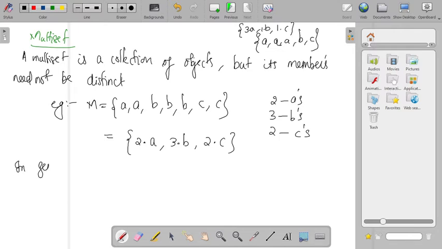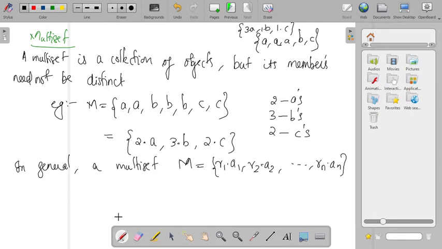So in general, a multi-set, so M is equal to R1 dot A1, then you have R2 dot A2, etc. Rn dot An. So where N, R1, R2, etc. Rn are non-negative integers.